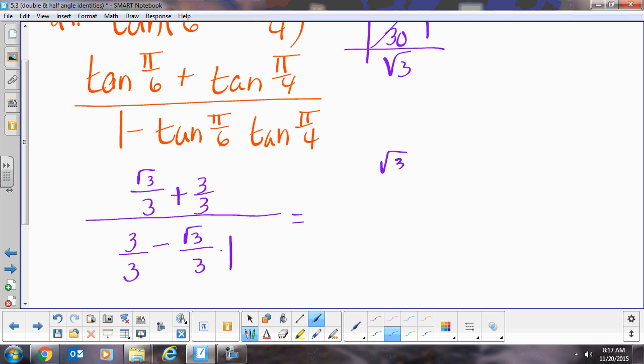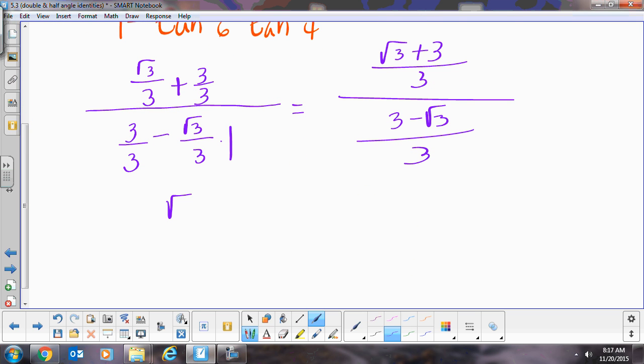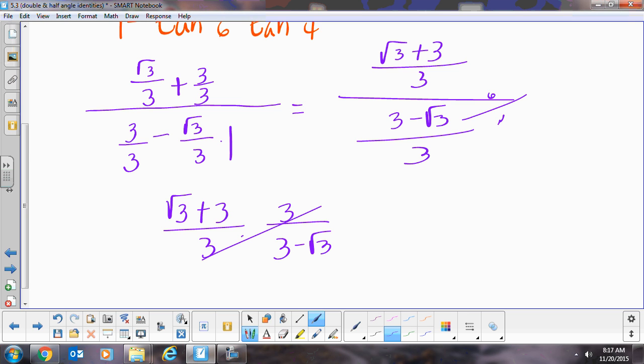So I got square root of 3 plus 3 all over 3, over 3 minus square root of 3 all over 3. And what do we do? Invert and multiply. You know, the big division. With me? So now, why didn't the book rationalize this if they're going to rationalize 61? At least be consistent. That's all I ask.